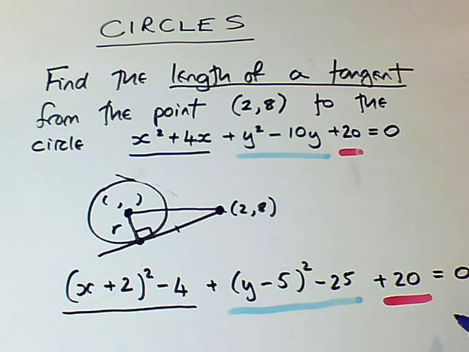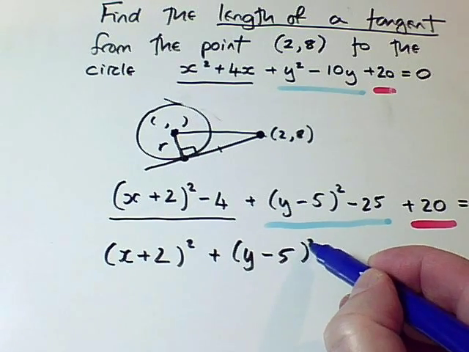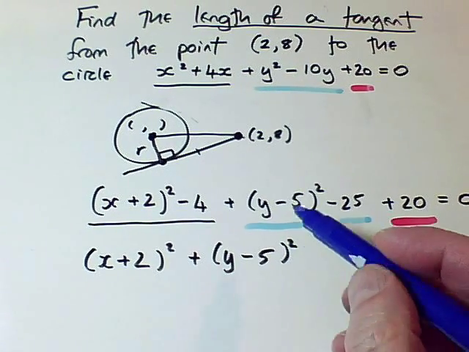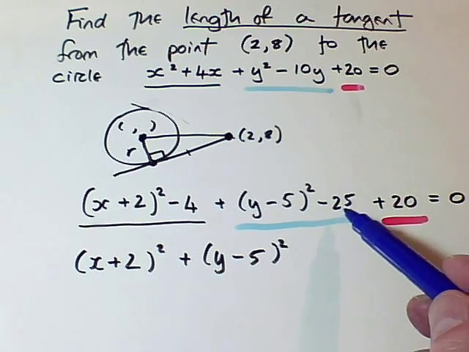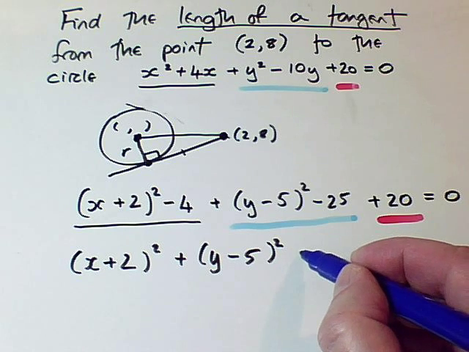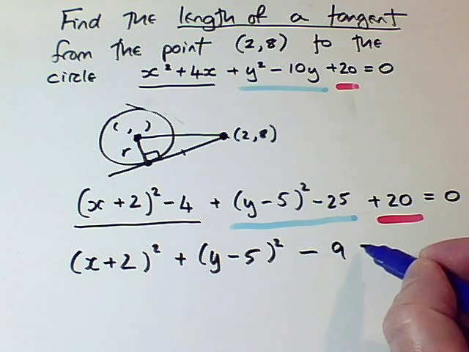So here's the equation of the circle in a more friendly way. So for the first part, I'm going to have x plus 2 squared, and then I'm going to go to y minus 5 squared, because this is how I like the equation of my circle to look. And then I've got minus 4 minus 25, which is minus 29, plus 20 is minus 9, equals naught.